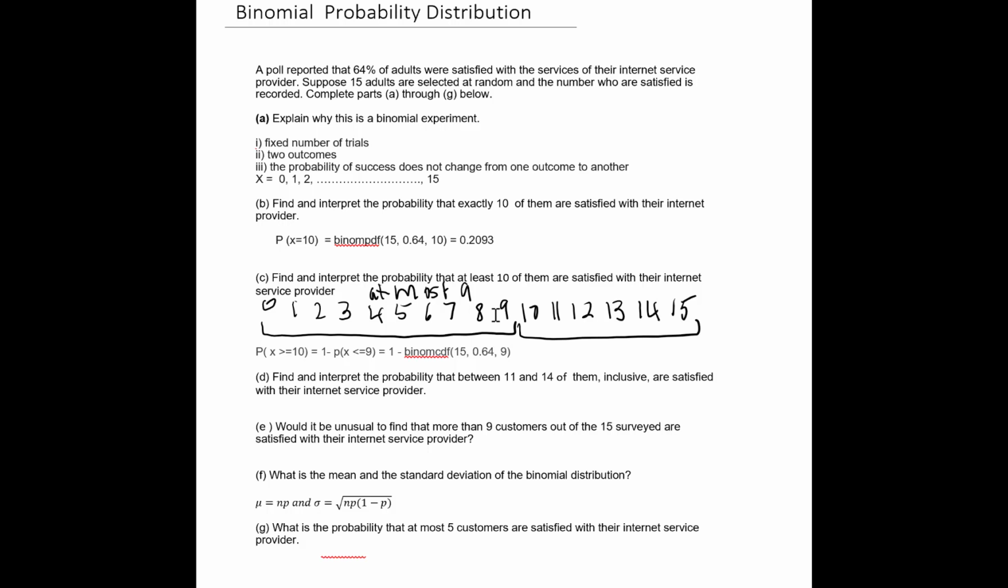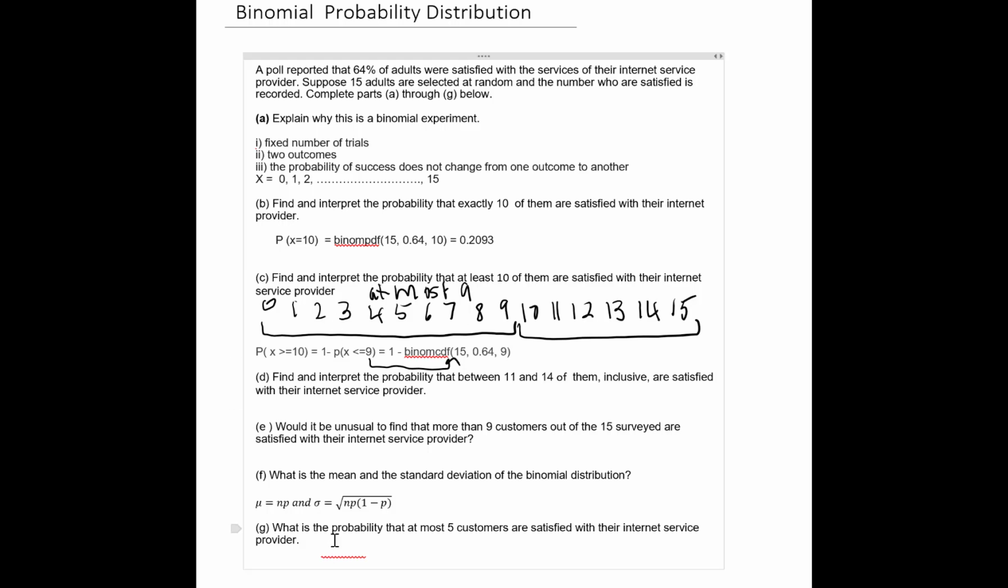Probability of x less than or equal to 9, you can do it using this formula, which is called binomial CDF, not the PDF, just like we used before. The PDF is reserved for equal. For at most, we use CDF, cumulative distribution function. So I put 15, I put 0.64, and then the answer I get, I subtract from 1.